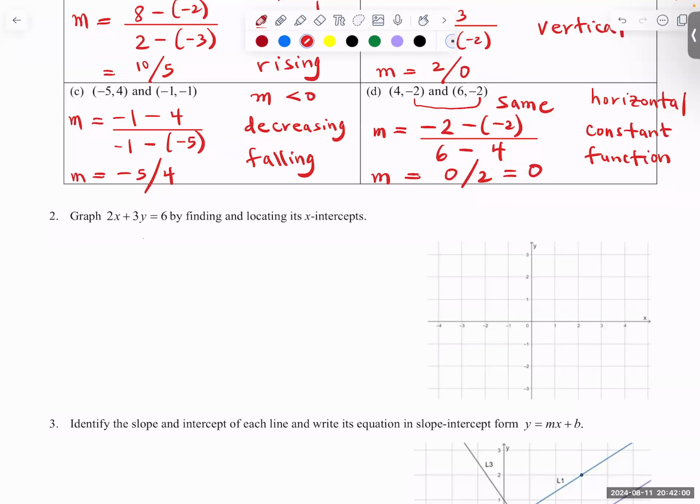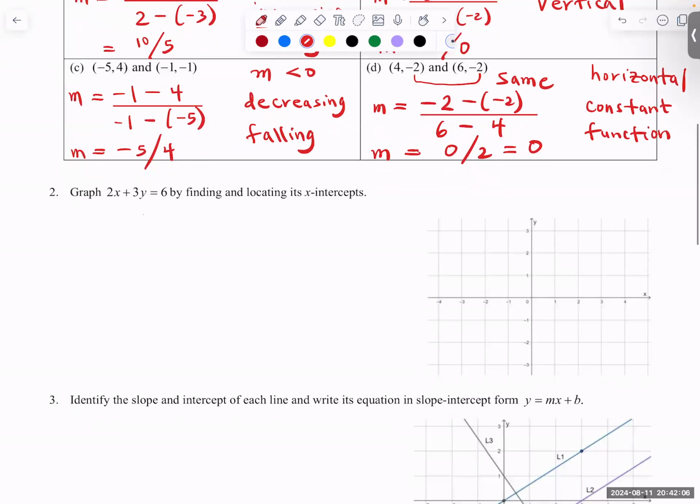Number 2, graph the linear equation in two variables by finding and locating its intercepts, x and y. So to find the x-intercept, a line will intersect the x-axis with the y coordinate of 0, so we plug in y is 0.